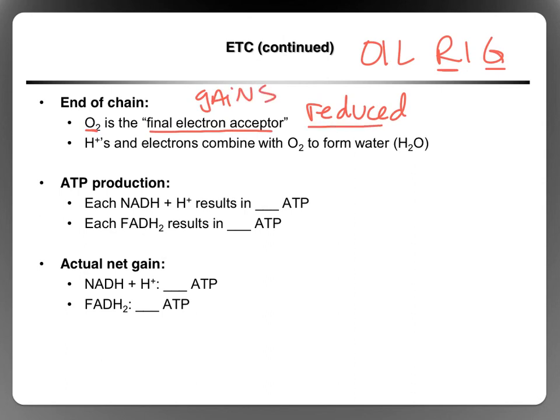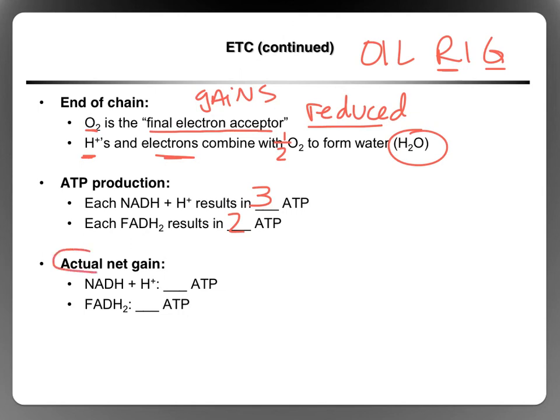And then the hydrogens and electrons combine with the half of oxygen and form water. In the process, with NADH plus H plus we get 3 ATPs; FADH2 comes in at a later step, so we get 2 ATPs.